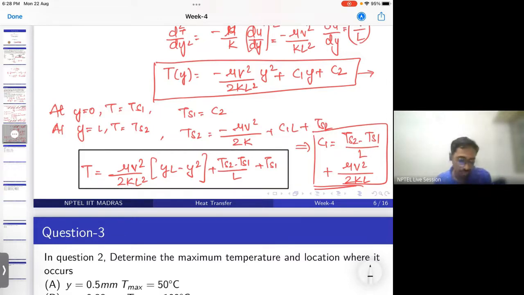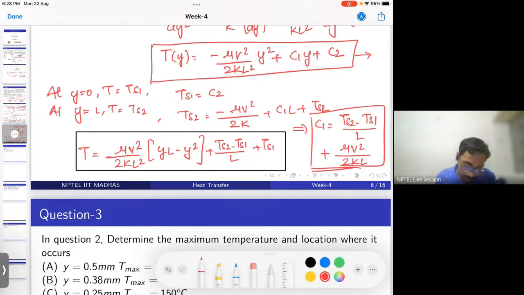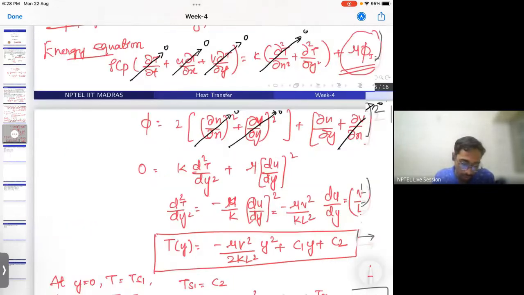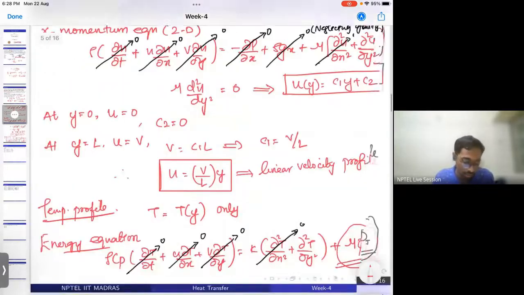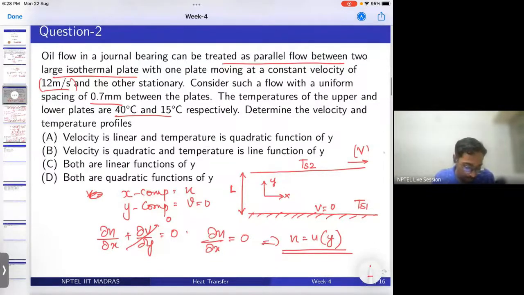So as you can see, the temperature is a quadratic function of y, but the velocity is a linear function of y. So the answer to this question is velocity is linear and temperature is a quadratic function.